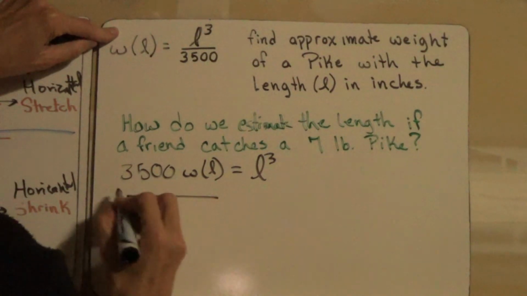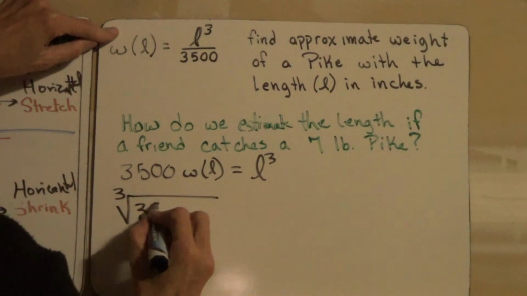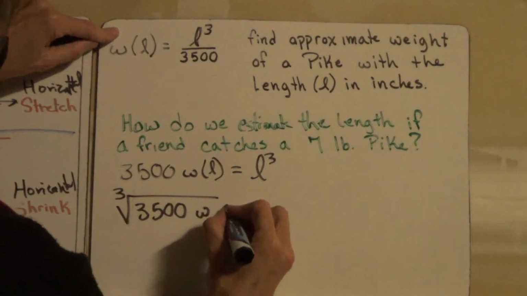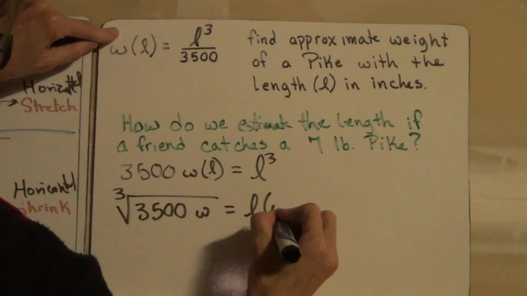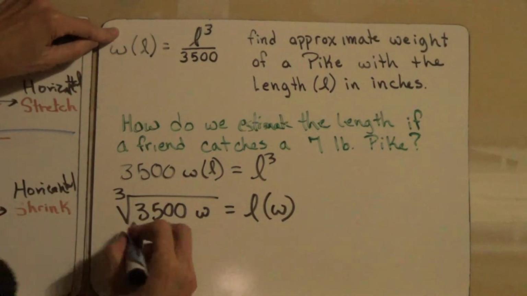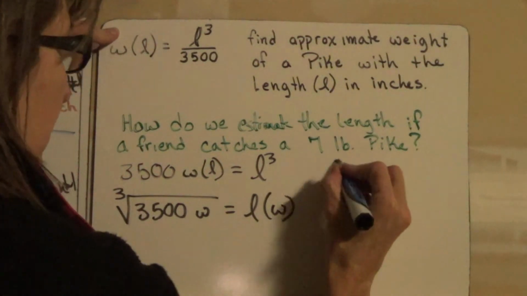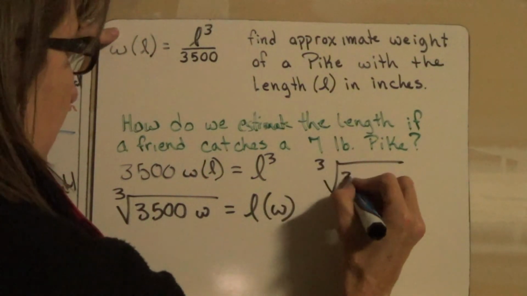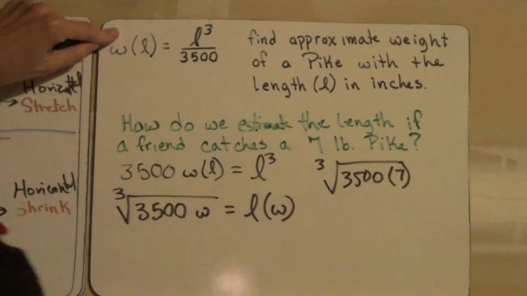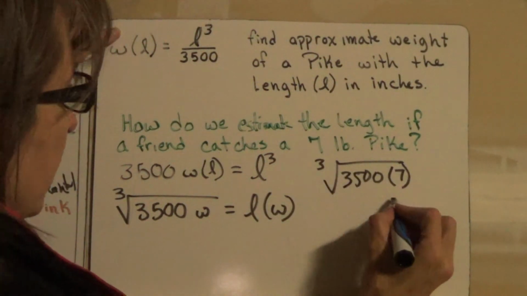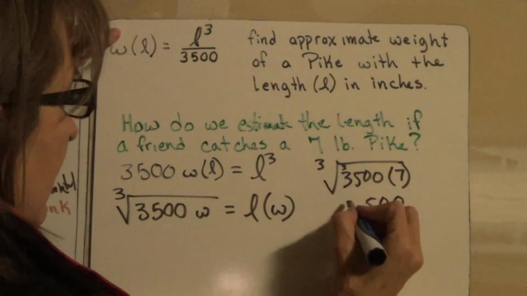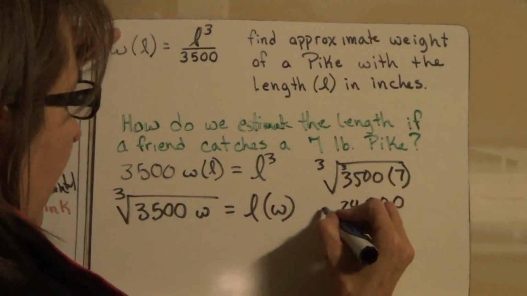So cube root of 3,500 W. Now we can go ahead and just leave it as length equals L of W. So we can easily just plug in our cube root of 3,500 times 7. 7 times 3,500 is 24,500.